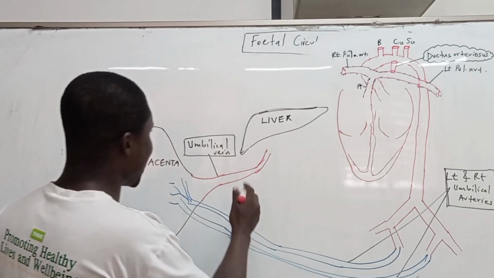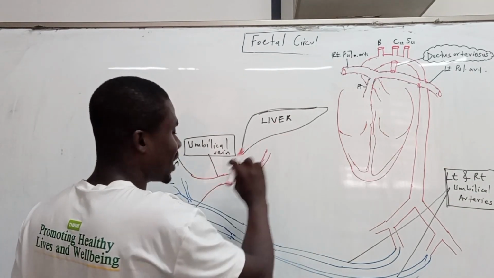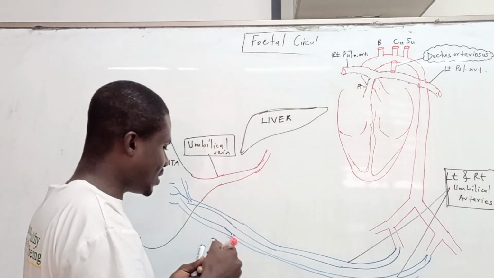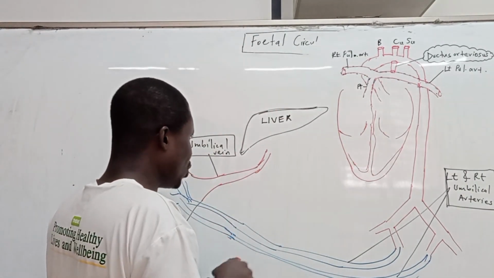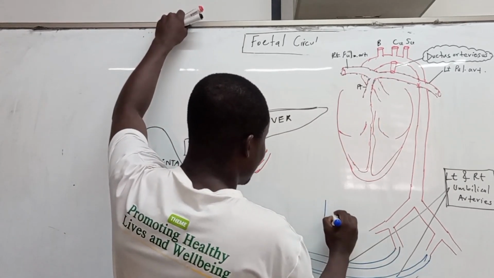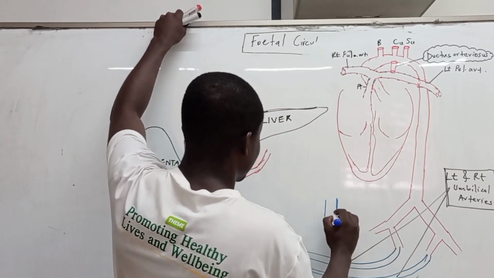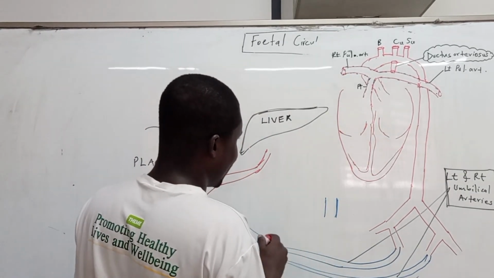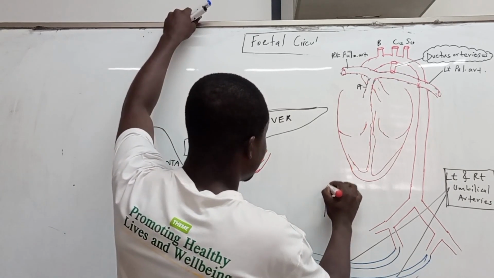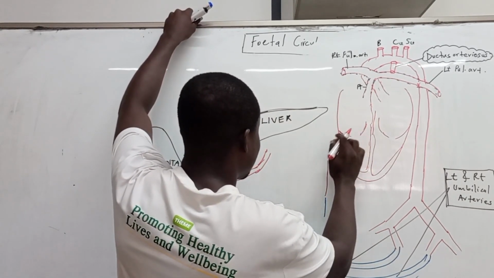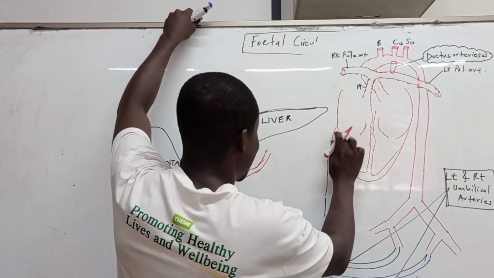So this vein, the umbilical vein, is going to the liver. But one thing we see is that from the lower portion, we see the inferior vena cava coming in. Now I will use this one to continue and explain. It's coming all the way into this area. Where is it going into?